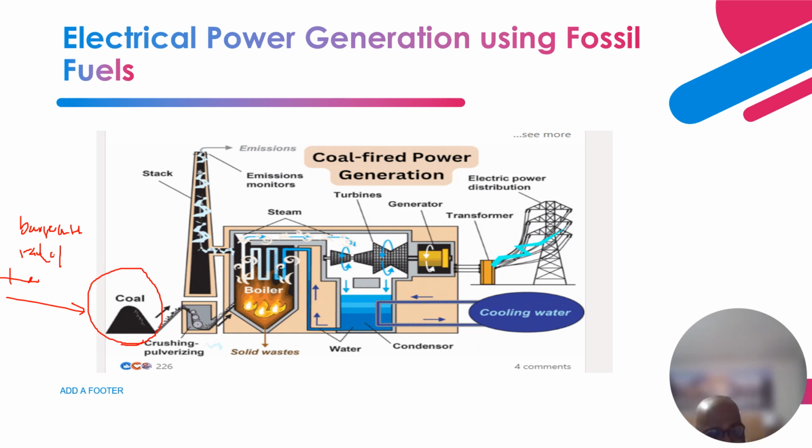As you can see, coal can be transported by rail, by barge, and also by trucks. You can see these 18-wheeler trucks transporting this pile of coal to the power plant.